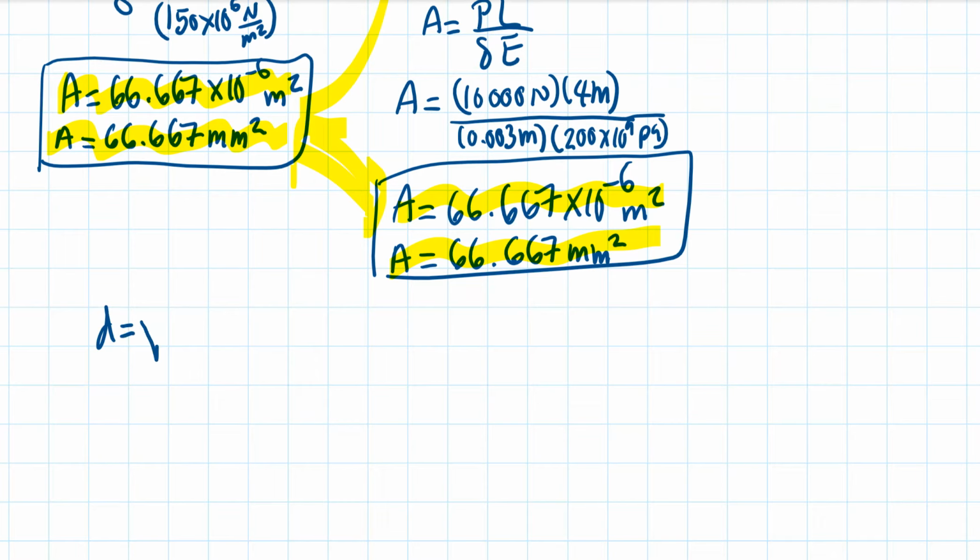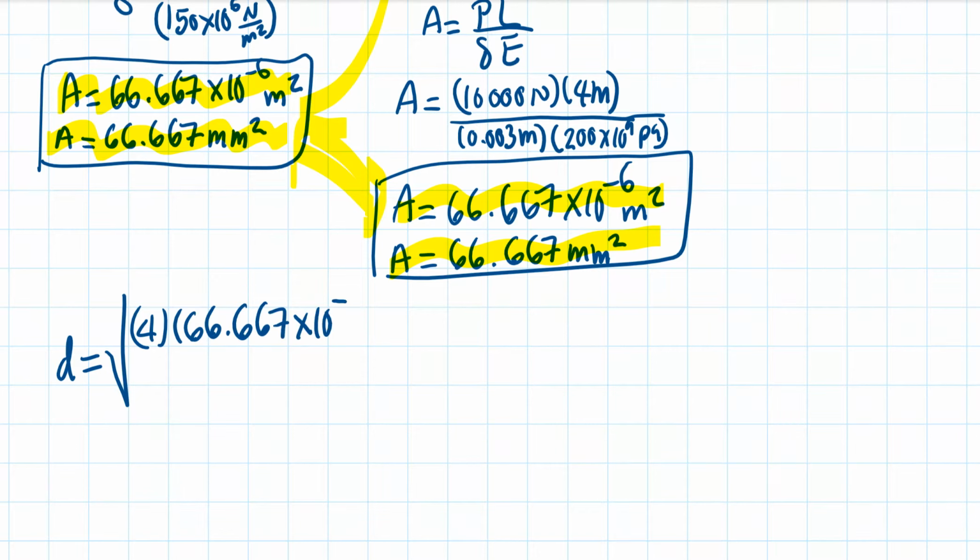Diameter is equal to the square root of 4 times the area, which is 66.667 times 10 to the power minus 6 meters squared, divided by pi.